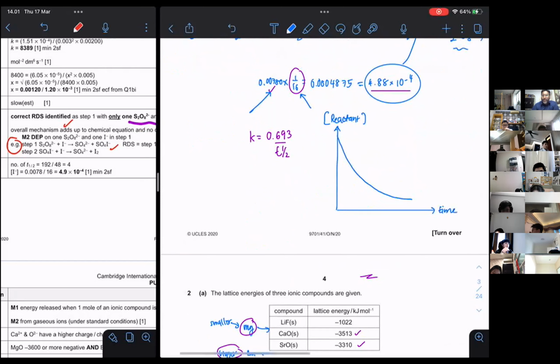There are 2 types of graph, one is like this, another one may be like this. We don't know which one belongs to which. And there is another one that goes all the way in a straight line like this. This straight line is 0 order. But the 2 curves are quite difficult to determine. How do I find out which one is first order and second order?